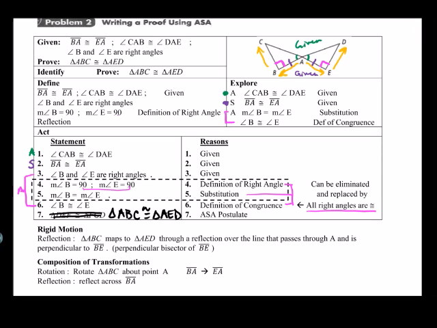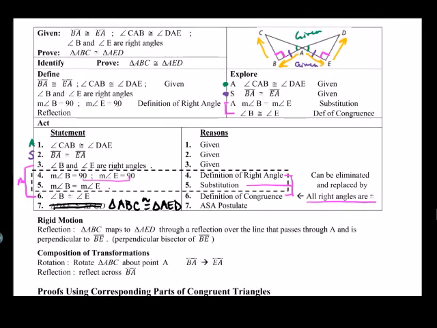Now looking at our rigid motions, this one is a little bit more challenging, but hopefully you can see that this is simply going to be a reflection of a line that passes through point A. That would be our line of reflection, and that line would need to be perpendicular to segment EB here.